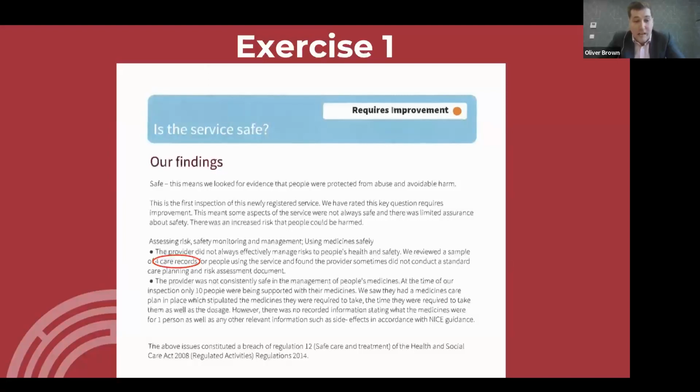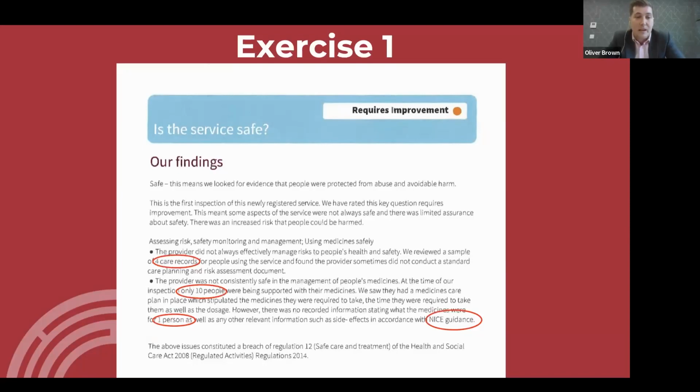Also, if we go to the next bullet point or the next circle, if only 10 people were supported by medicines, and we can go to the next circle and the one after as well, and only one person had missing information recorded, we would raise proportionality. It's only 1 in 10. And we'd also raise the aspect of the NICE guidance.